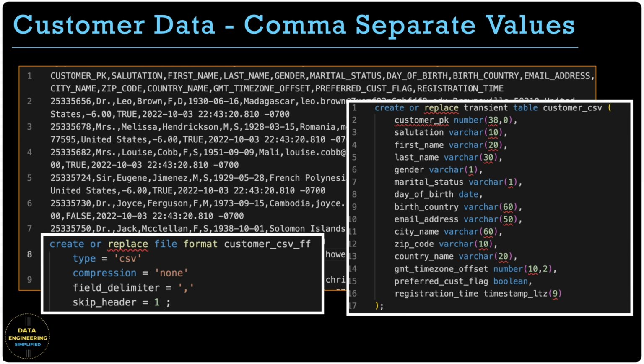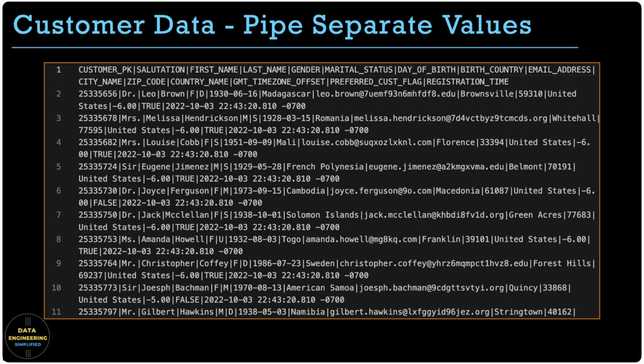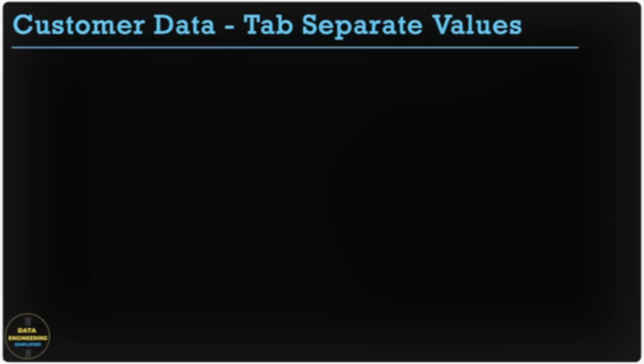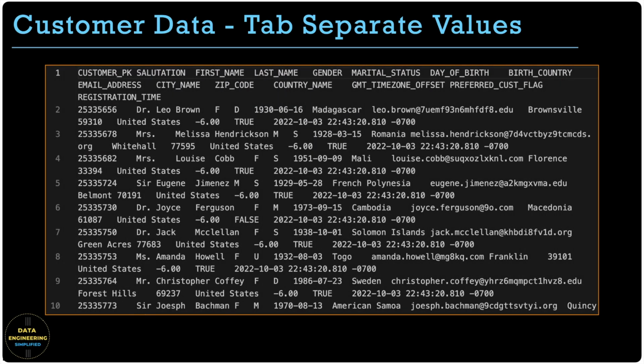We need to create a file format object with the type CSV, compression equals to none, field delimiter equals to comma, and skipping the first row as this is a header row, not the data row. Likewise, we have the same customer data available where delimiter is a pipe character instead of comma, and here is an example. And finally, we have the same customer data available where delimiter is a tab character instead of a comma or a pipe.